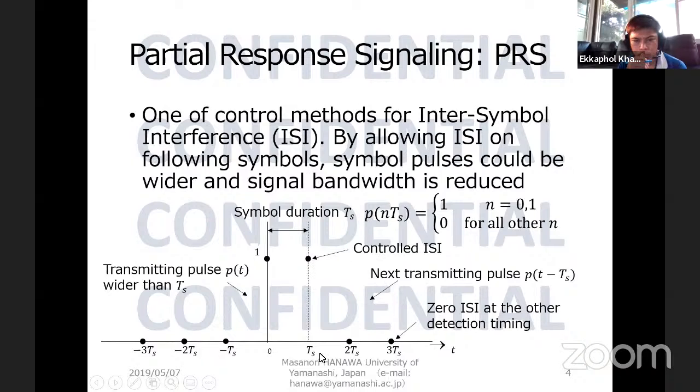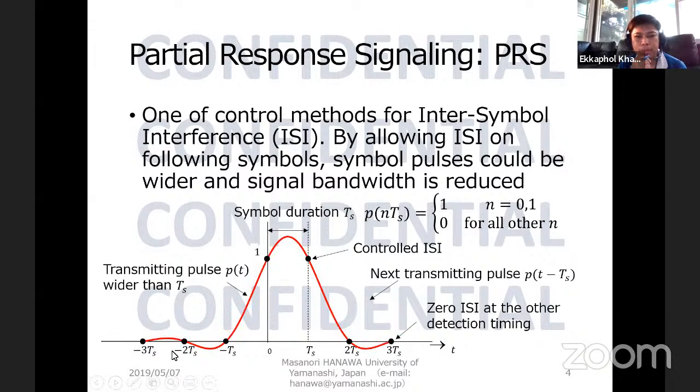So for time instances TS and 2TS, it should be a smaller signal amplitude, but because of the intersymbol interference introduced by our strategy, we sent some amplitude. Anyway, it's very difficult to understand from this figure. Let's move on to the next one.